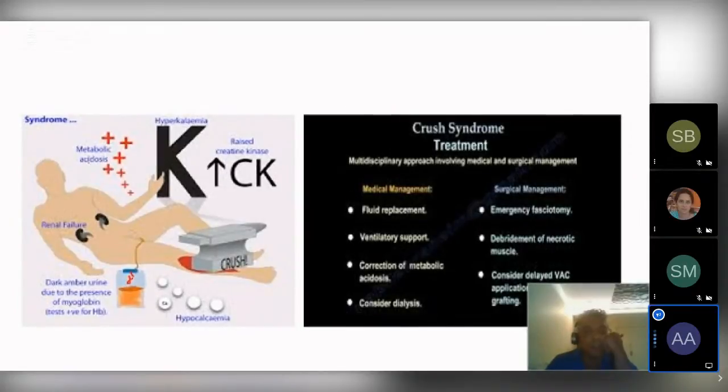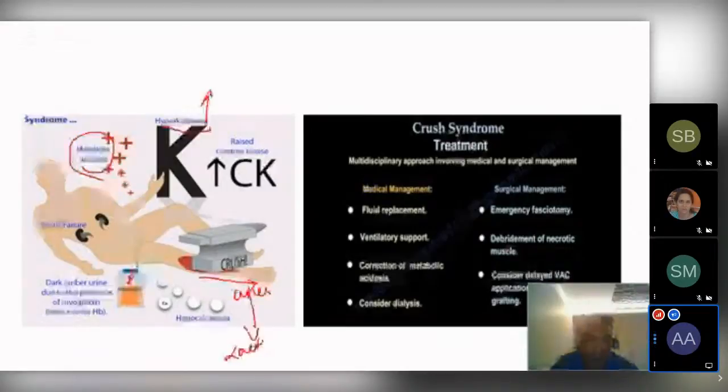There is metabolic acidosis because there is no blood supply here. Anaerobic metabolism happens and causes release of lactic acid. Potassium is released from the crushed muscles. Creatine kinase also originates from the muscles.